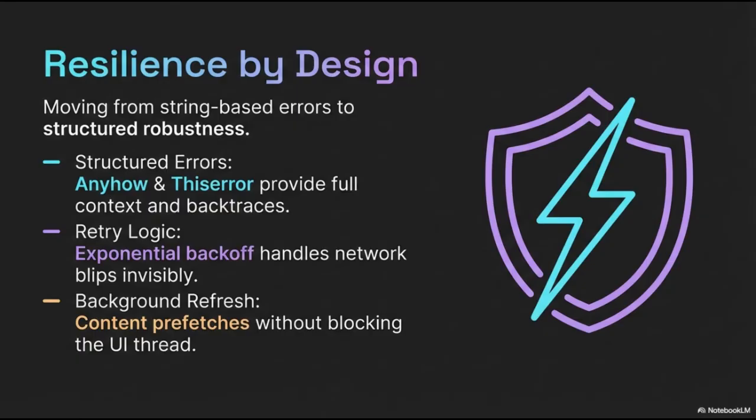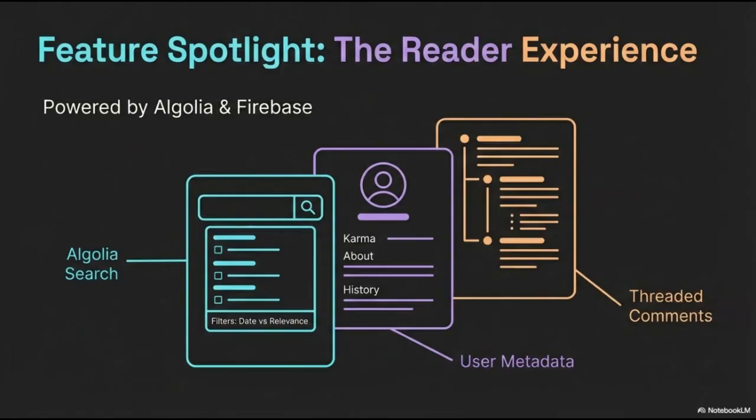The reader experience is at the core of our platform, powered by the integrated capabilities of Algolia and Firebase. To ensure a high-quality interaction, we have focused on 3 essential pillars. First, our search functionality, driven by Algolia, offers a fast and precise way to locate content with intuitive filters for both date and relevance.